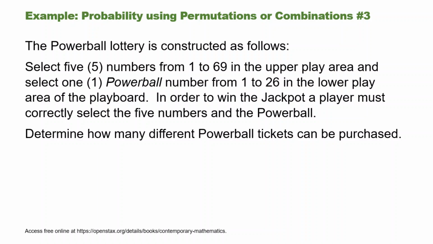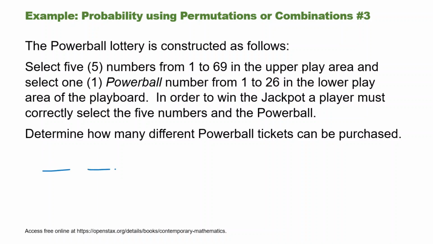Determine how many different Powerball tickets can be purchased. This question is unique in that we don't actually need to find the probability of winning, just how many different tickets could be purchased. We can find the probability easily, but let's just see about how many different Powerball tickets can be purchased. There are 2 stages to this.